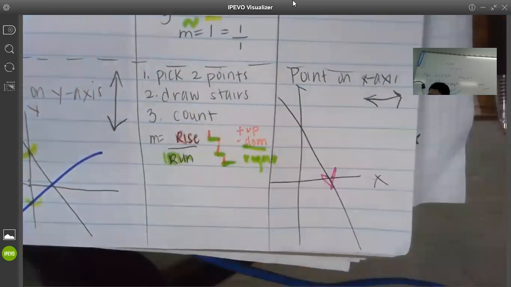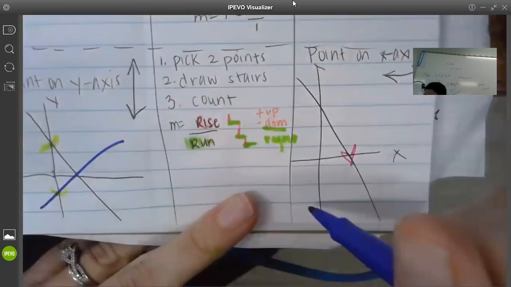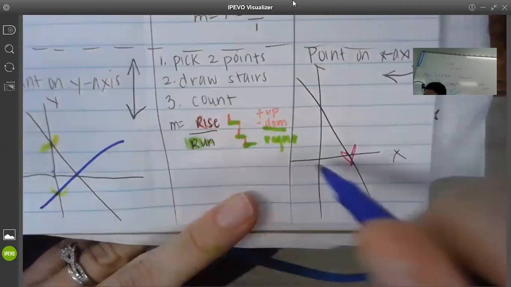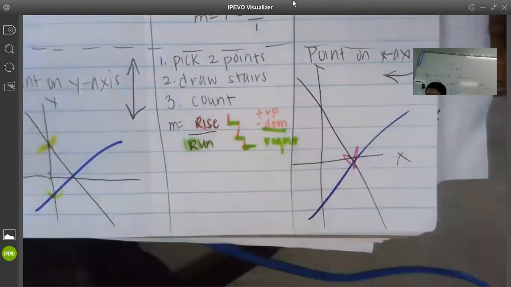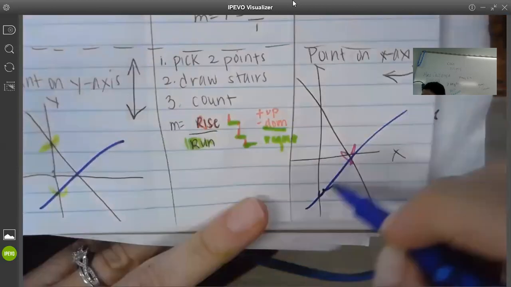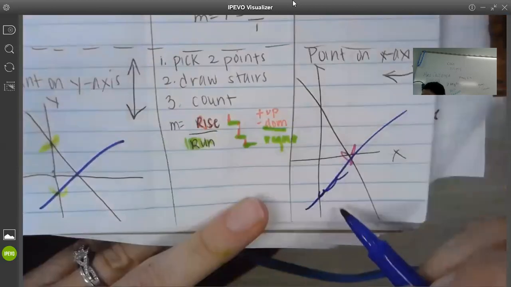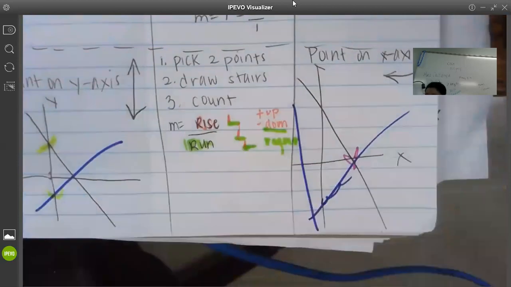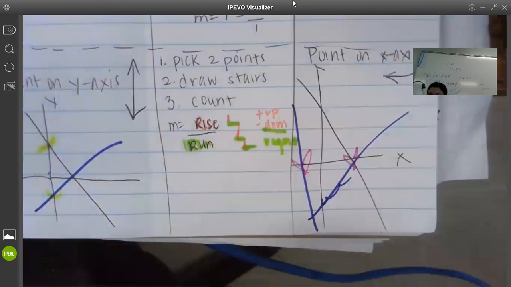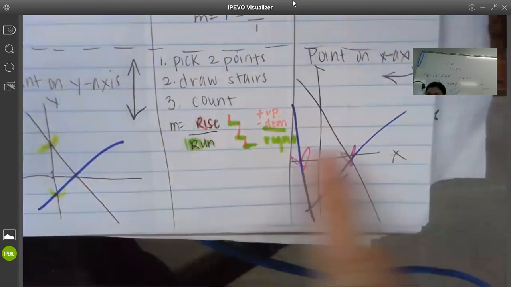If I have a different graph, oh no. Okay, I just messed it up. Pretend I didn't draw this. Draw one there, because they kind of run into each other. That's where the x-intercept would be. Wherever it crosses this line.